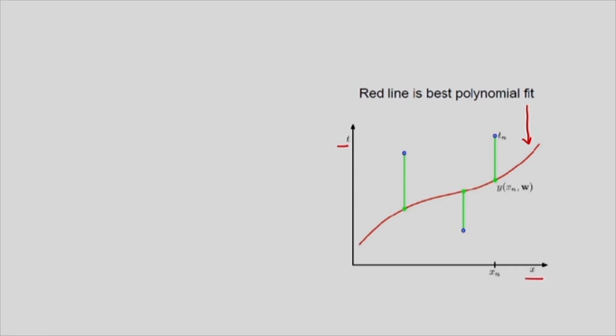In the case of polynomial fitting, this is the error: E(w) is the mean square error, 1 by 2 summation n equal to 1 to N, because we are considering capital N data points, of y(xn, w) minus tn, where tn is the target value. So what is the meaning of this expression?